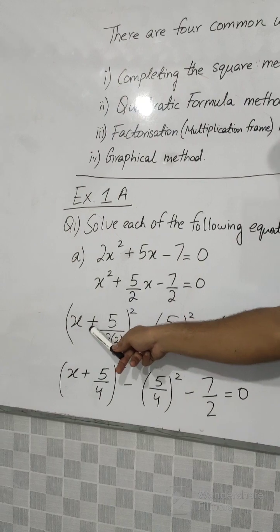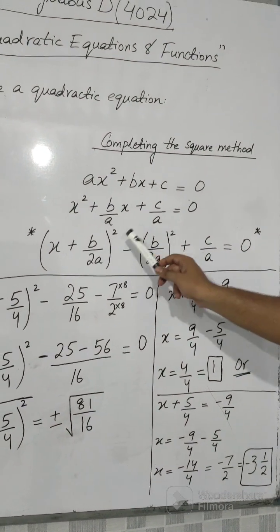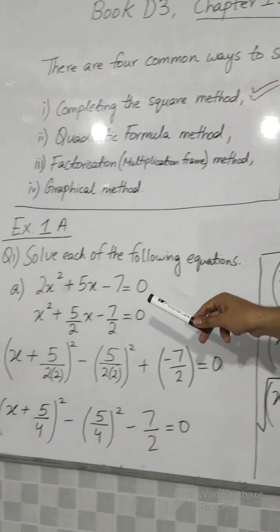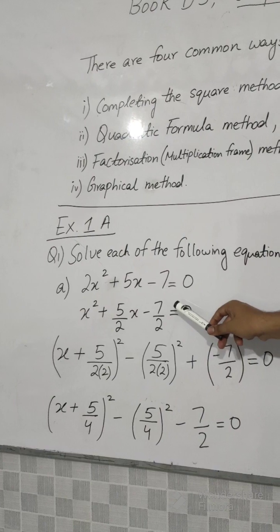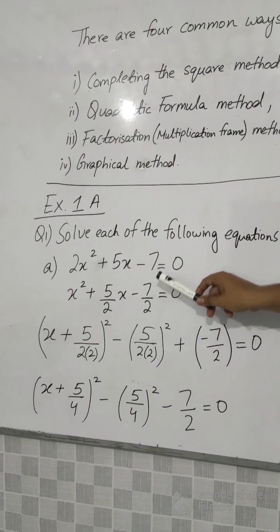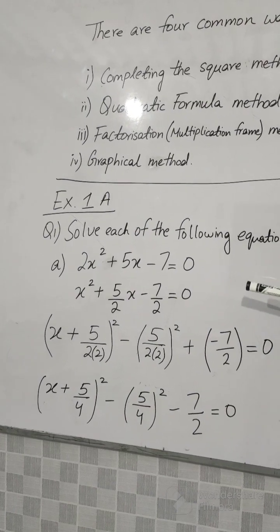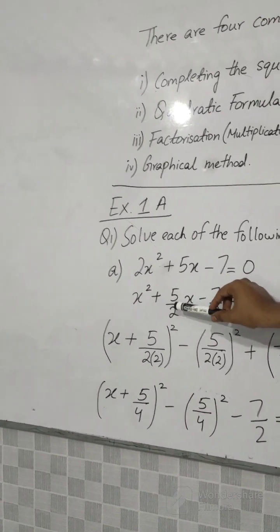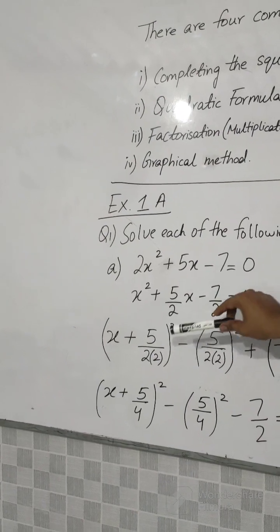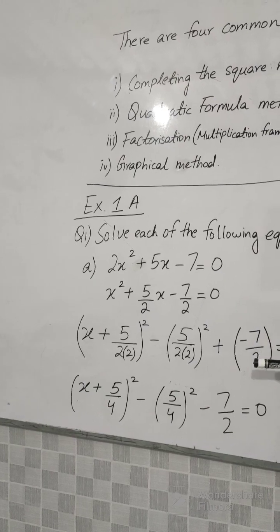You just have to substitute the values here. The value of b is 5 over 2 and the value of c is minus 7 over 2.